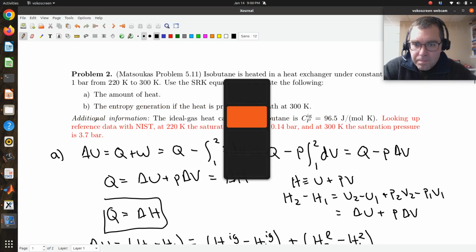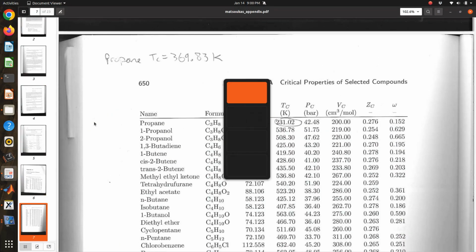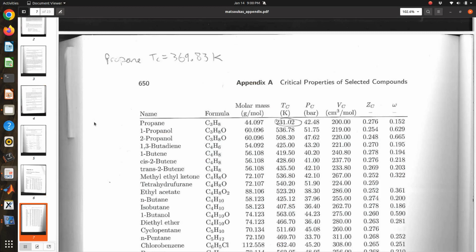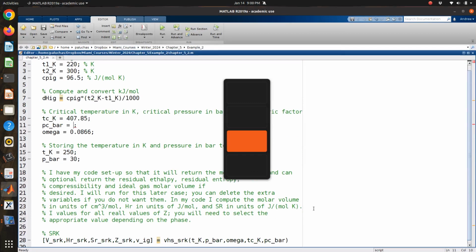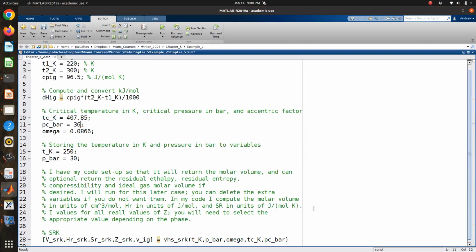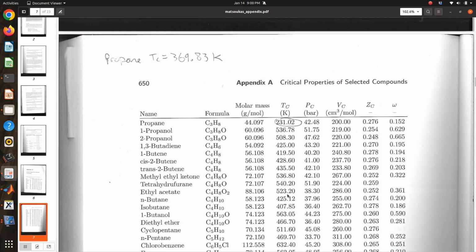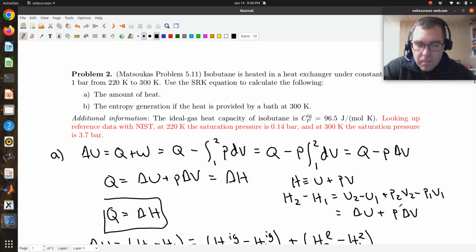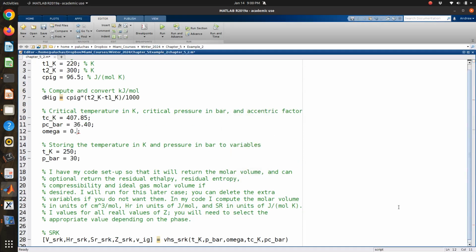PC, it's up here, PC is 36.40. And omega is 0.186. Got it. Okay. And then I need my temperature and pressure.